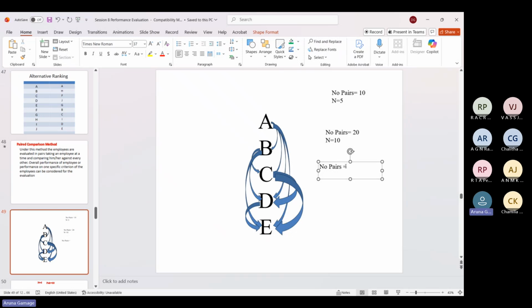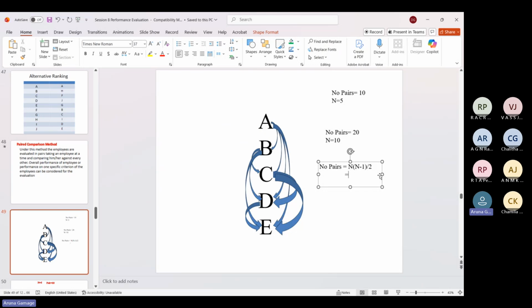The number of combinations is n into n minus 1 divided by 2. The formula is very simple. N means the number of employees.